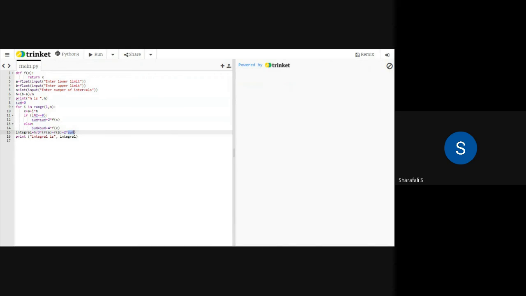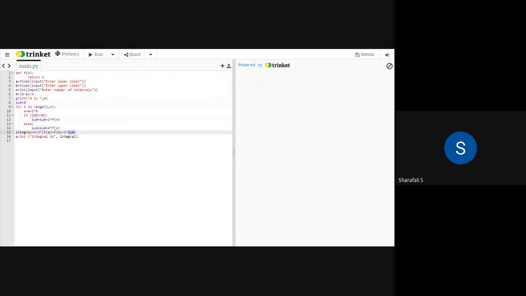Okay, is there any change? Let me see that. For the case of Simpsons rule, the equation will be like, okay, it is h by 3 times y0, sorry, 4 times y1 plus y3 plus yn. So odd terms will come. Okay, that is right.